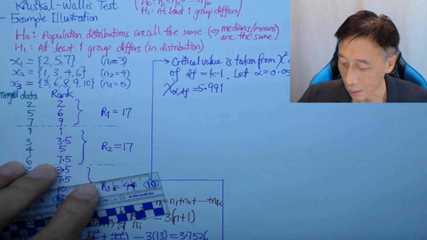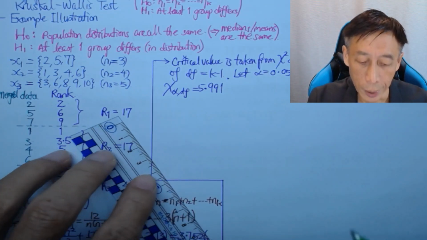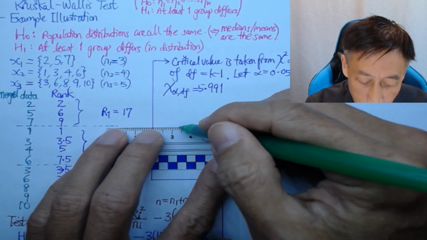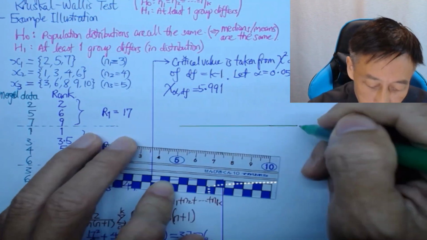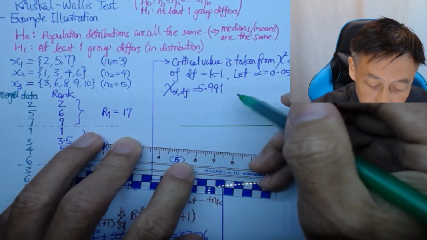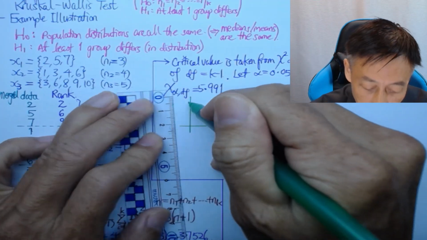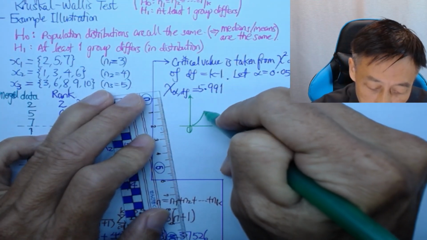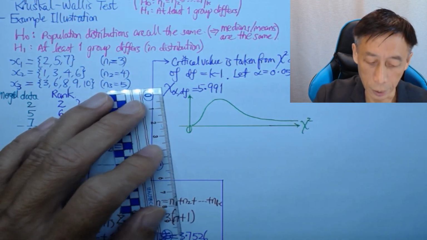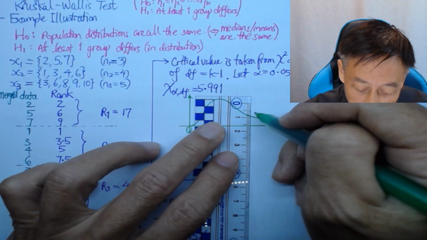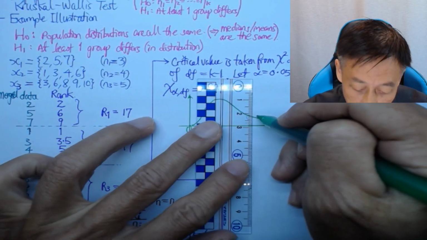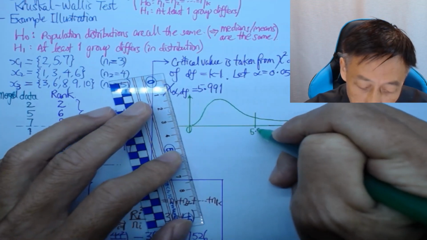So what that means is that the chi-square distribution is a well-studied distribution. So we can do a quick display of chi-square starting from 0, and it's going to look like that. And 5.991 is here.